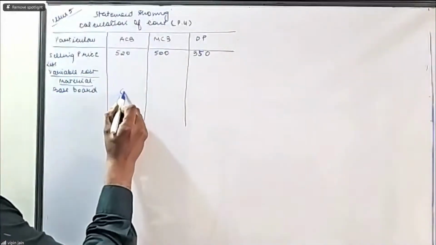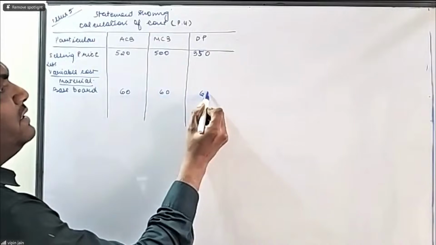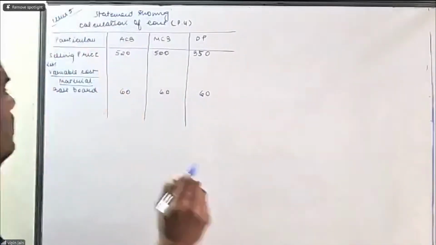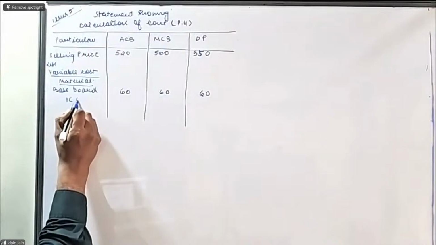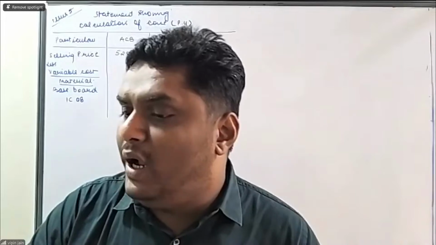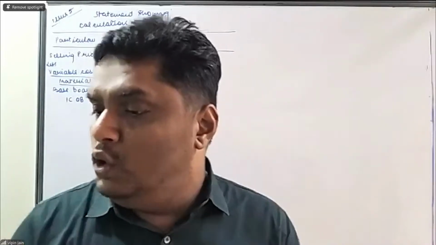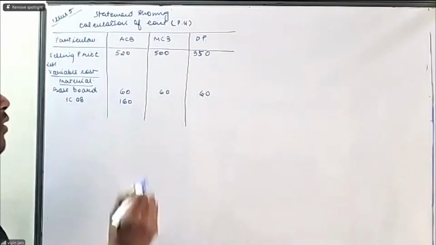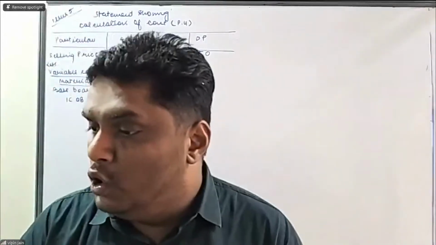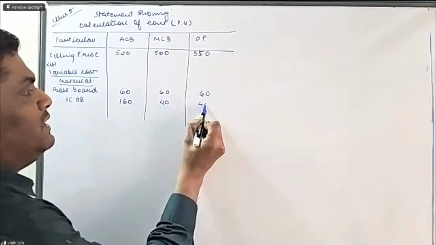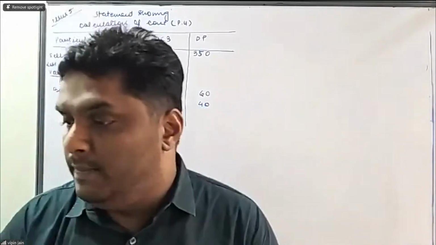So this will be 60, 60 and 60. Second, IC08. The price is 20 and 8 IC08 are required for ACB. So 8 into 20, that is 160. 2 into 20, that is 40. And similarly for CDP also it is 2 into 20.